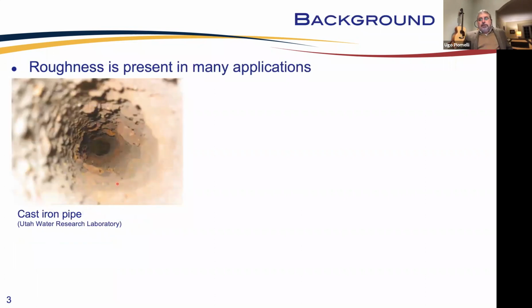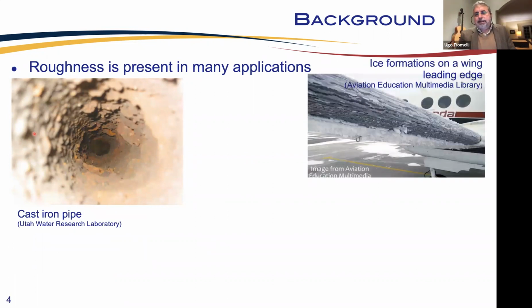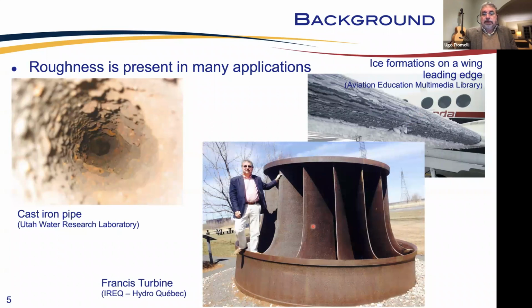The reason to study roughness is that it's present in a very wide range of applications, starting from the pipes, such as this one, which were the motivation for the earliest experimental studies. You can see the ice formations on a wing leading edge. They also act as a form of roughness. And another example is a Francis turbine. Those are the ones that are used in hydroelectric power plants.